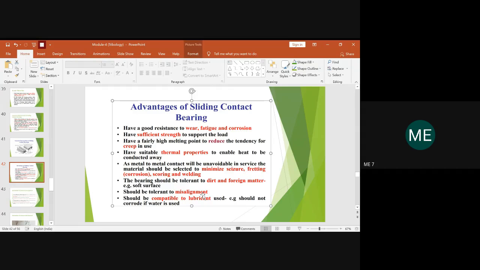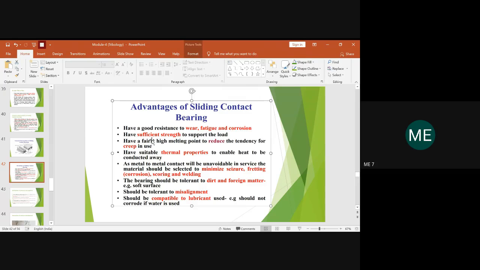Once you do trial and error and optimize the selection of lubricant, everything else will go smoothly hand in hand for a longer period of time, and hence we can claim this type of bearing as a very reliable bearing with the least amount of friction, and very good resistance to wear, fatigue, and even corrosion. So this is the beauty of the sliding contact bearing, right?